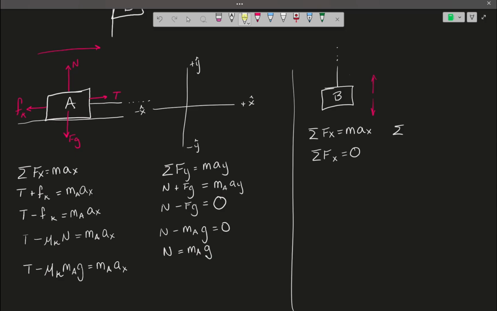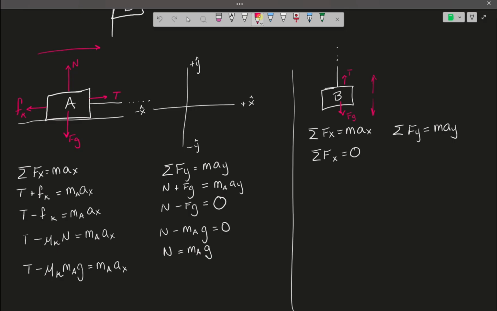But what about the y direction? The y direction, we will have some sort of motion, so we need to consider the forces that are acting on this object. So we have the force of gravity that would pull it down. We have the tension force in the positive direction, and that's all. We do not have a normal force here.